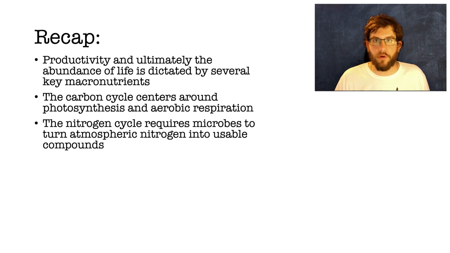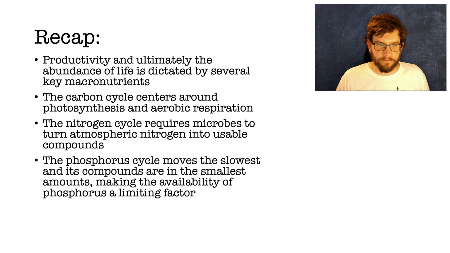Lightning also plays a role, but let's focus on the microbes because that's an important thing to understand. Phosphorus is the slowest moving and the most important in some ways because there is no atmospheric component. It's only stored in rocks and sediments and in small amounts. You have to wait for them to weather out before plants can use them, and then therefore animals and us.